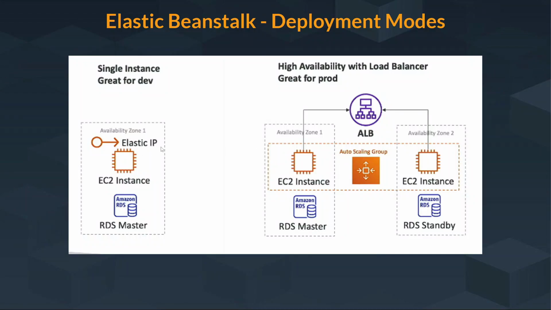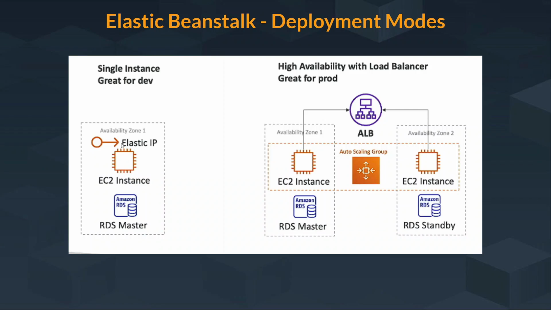This one is very significant for deployment: single instance, which is great for development. It has only one instance. This is your RDS master, and this is your Elastic IP. With Elastic IP, you are stuck to one IP address, and this is your instance.